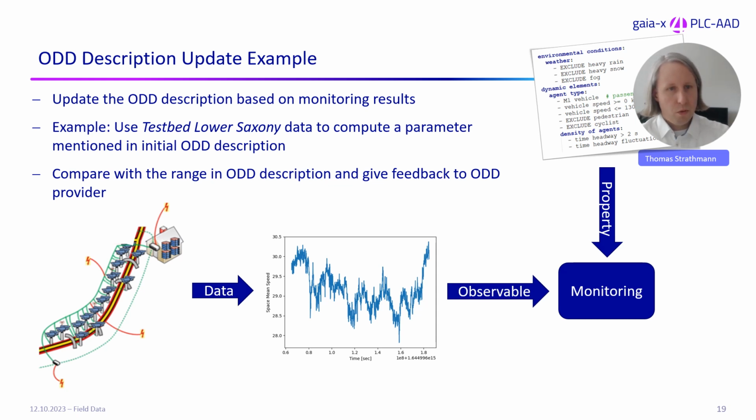In order to monitor this property, we derive observables from the data gathered at the motorway segment in the testbed Lower Saxony. The observable in this case is space mean speed, which is just the harmonic mean of the instantaneous velocities of all vehicles in this segment.